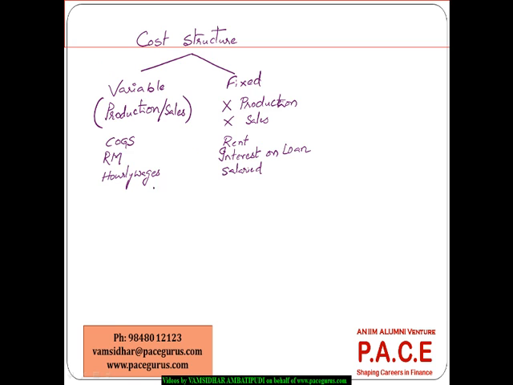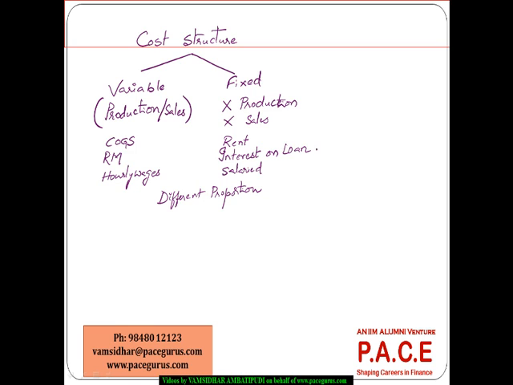So every company definitely will have some amount of fixed costs, some amount of variable costs. Different kinds of companies may have different proportions of the fixed as well as the variable. Probably some companies may have a good proportion of fixed costs compared to the variable costs.